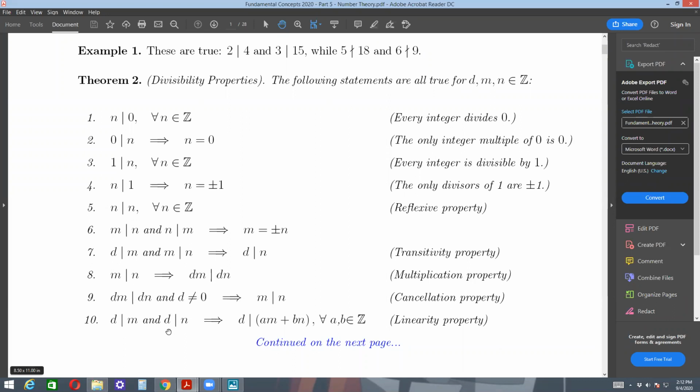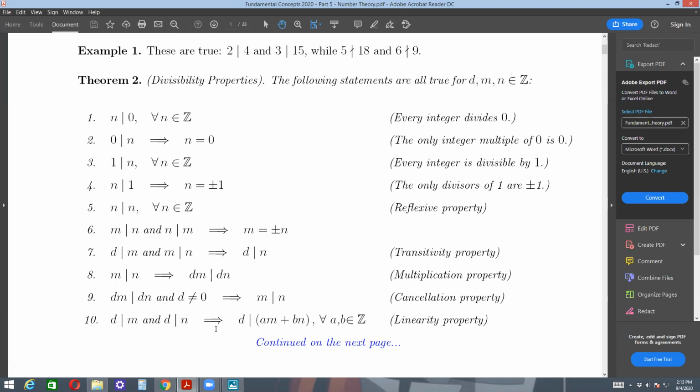And probably one of the most important of all of these is the linearity property we have here. What it says is that if d divides two numbers, m and n, then d divides any linear combination of m and n. A linear combination is basically where you take the first one, multiply it by a number a, take the second one, multiply it by a number b, and then add them.